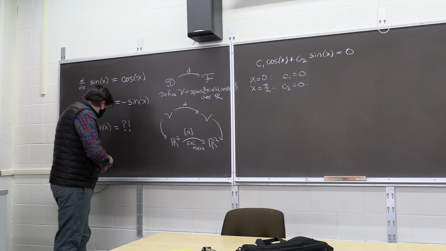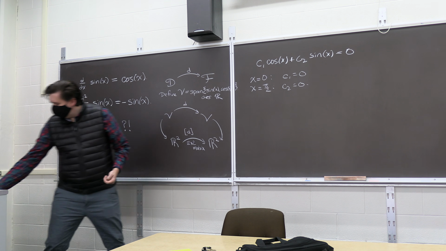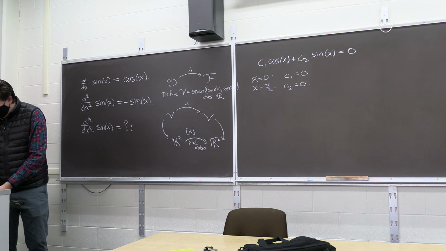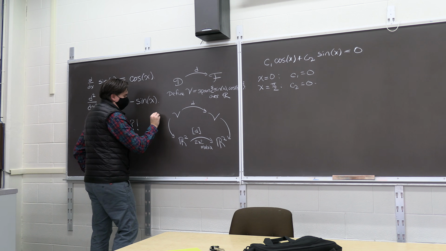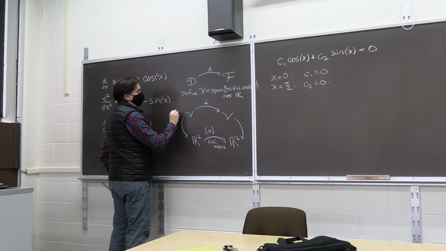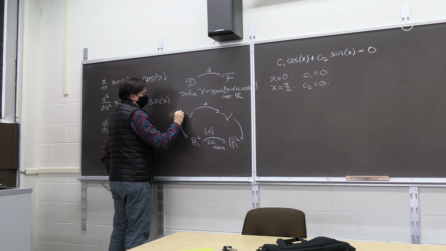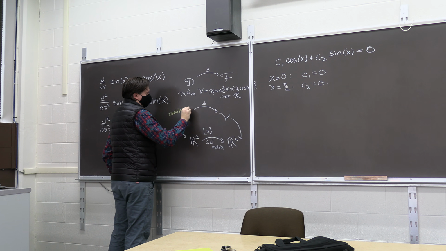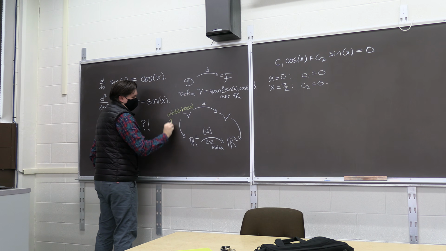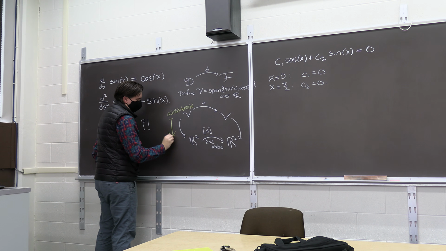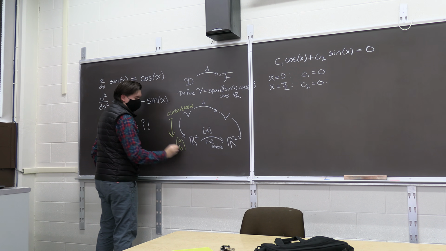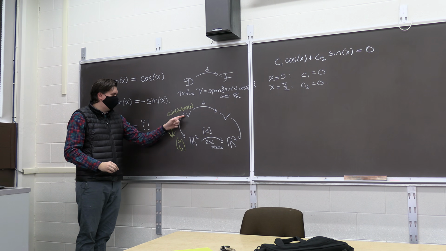So this is just taking whatever your vector a sine x plus b cosine x is, and sending that down to the vector (a, b), right? That's your map from V to R2.